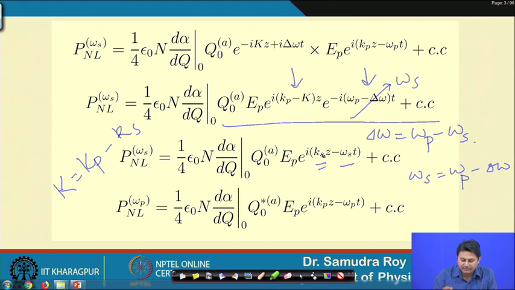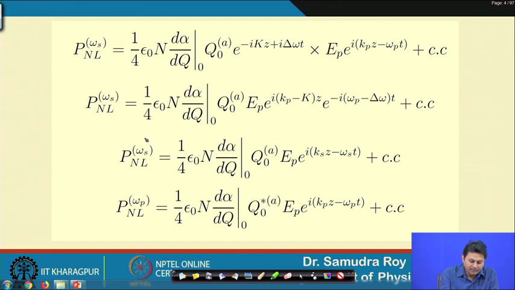I can replace this also as k s, which is here, and form my total polarization term, which contains a frequency omega s. That is important. That is why this omega s is shown here, to mention that the nonlinear polarization here contains a frequency omega s.